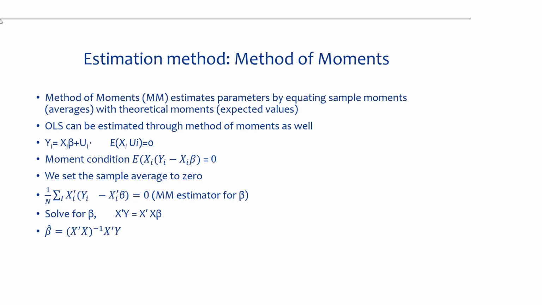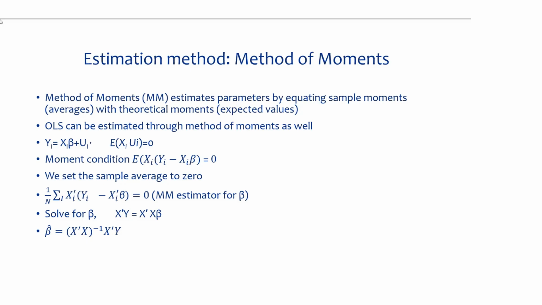So what we are saying is that this is a matrix, yi equals xi beta plus ui. Okay. What is the moment that we are looking at? The expected value of xi and ui equal to 0.